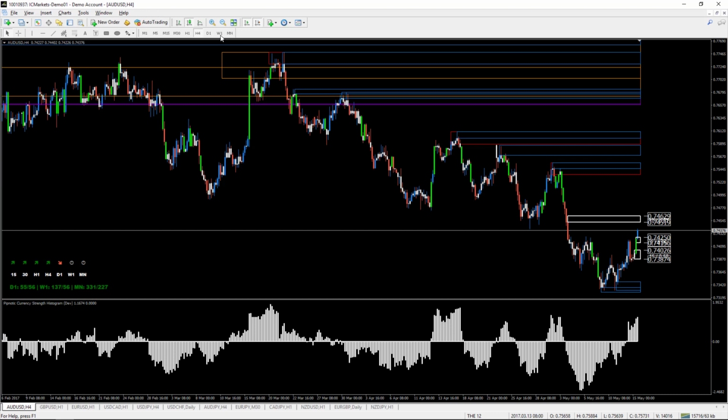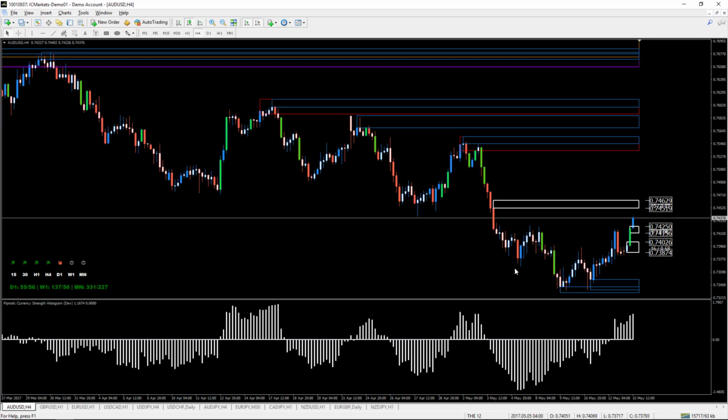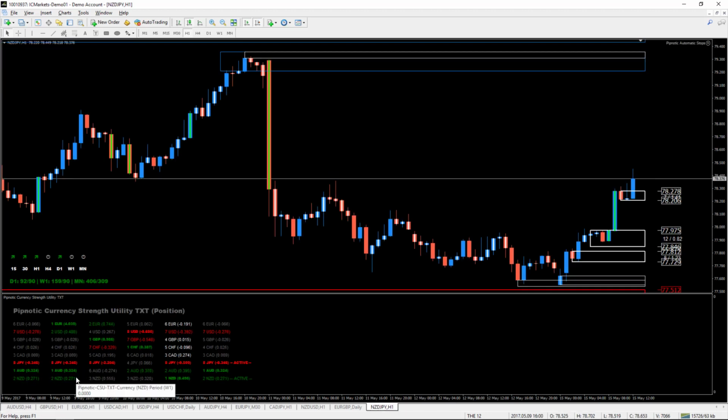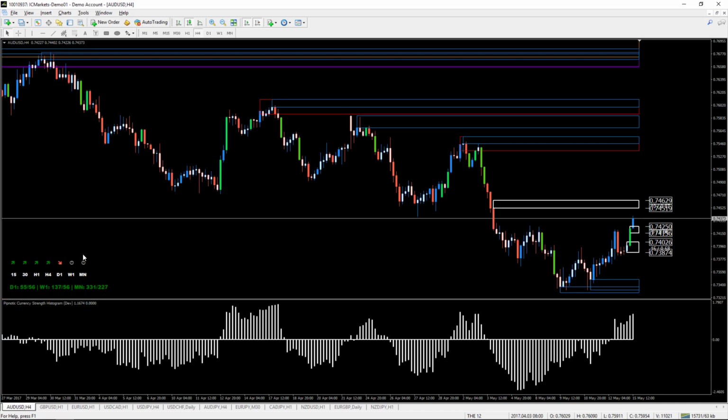We have prices moving lower and lower, but the strength information is not supporting this at all. So we are seeing a clear increase in Australian dollar strength or a decrease in American dollar strength. It's probably the Australian dollar increasing in strength in relation to the American dollar, which is why this pair is moving higher.